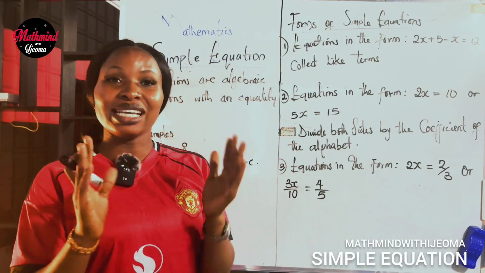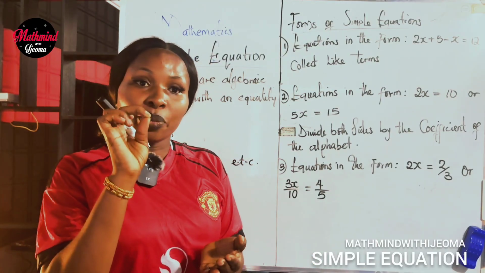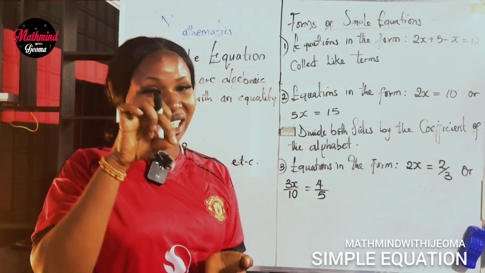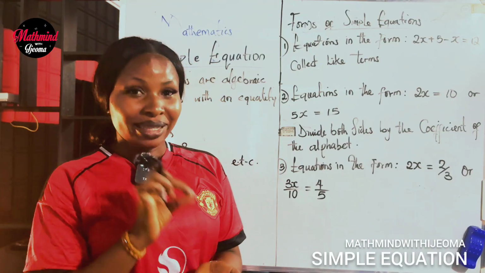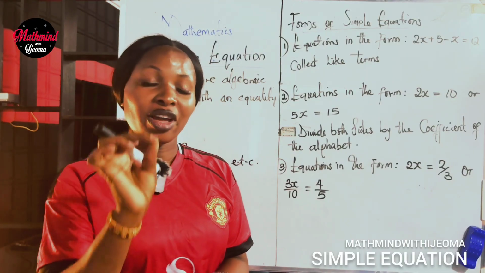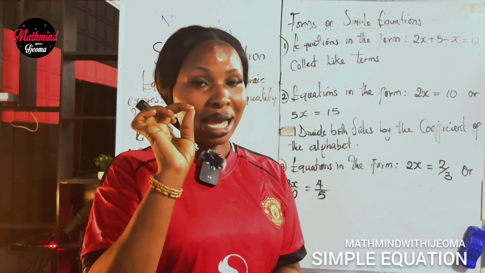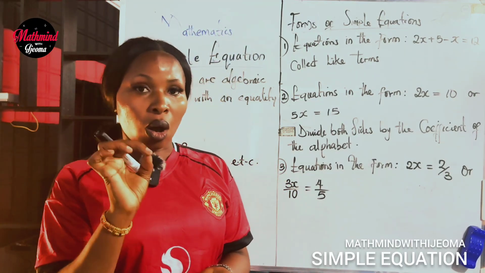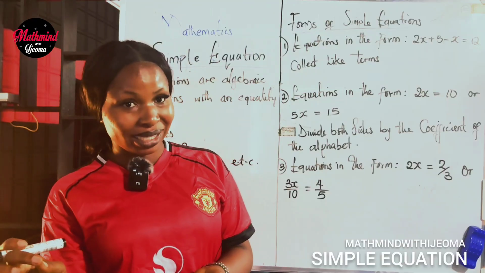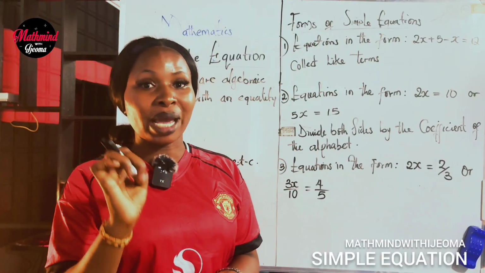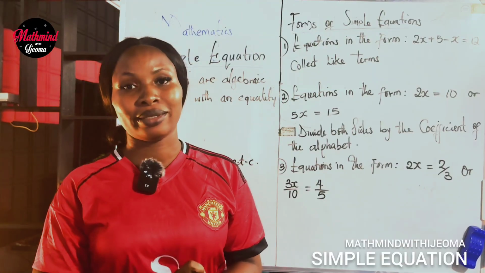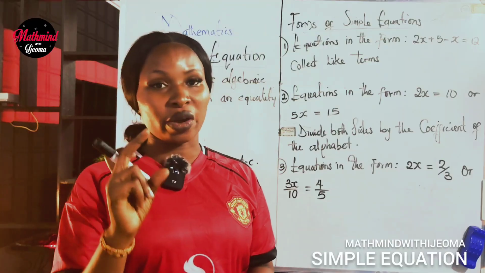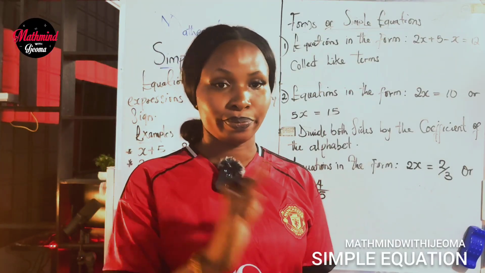A term is an algebraic part of an expression that is comprised of a number and an alphabet, or just a number, or just an alphabet, or alphabet, number, and sign. And the signs that are required here are plus and minus.